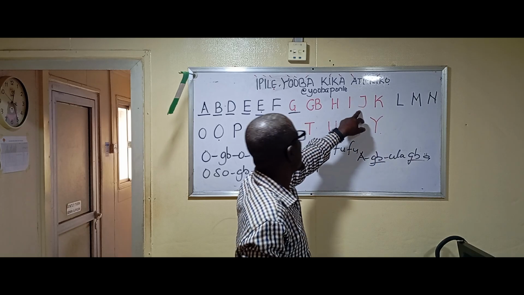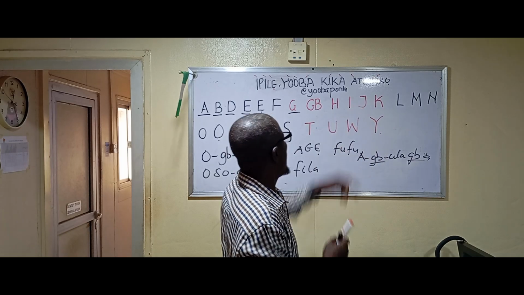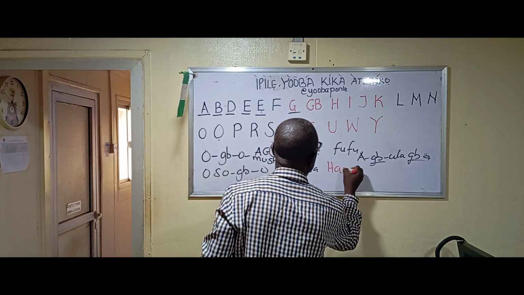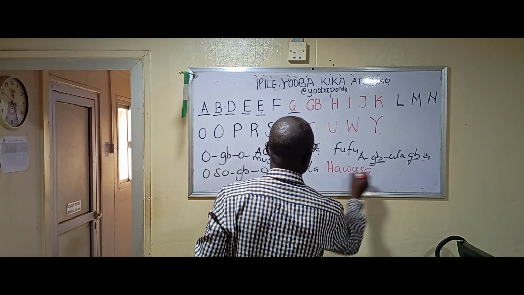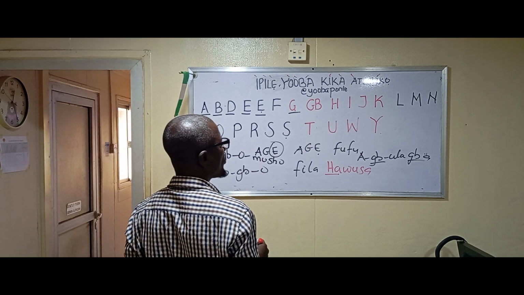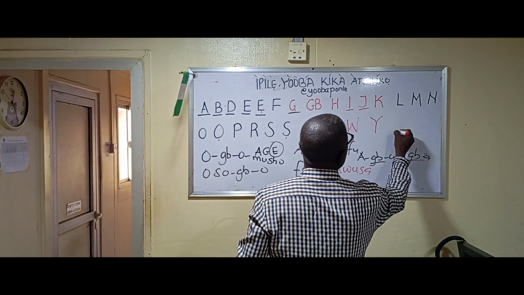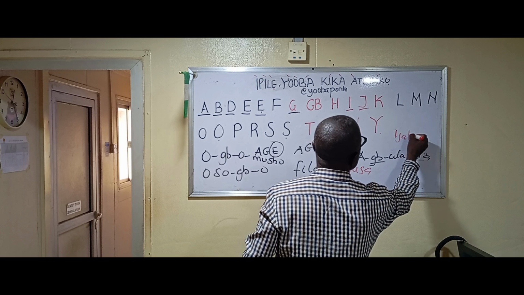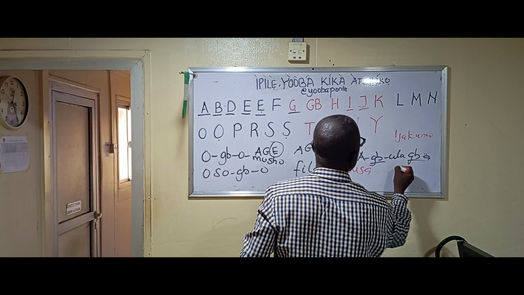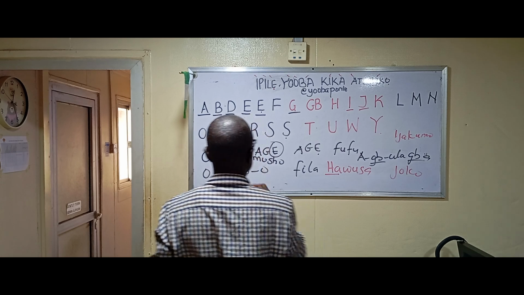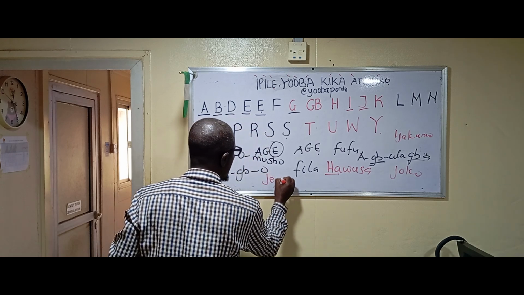When you pronounce this for example, we call Hausa. I, G, we call Ìjàkùmọ̀. Jókòó, that's sit down. Jẹun, eat. Jó, dance.